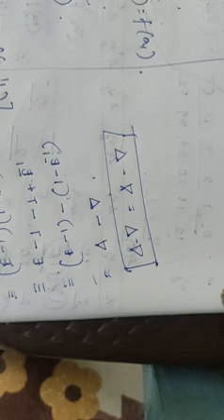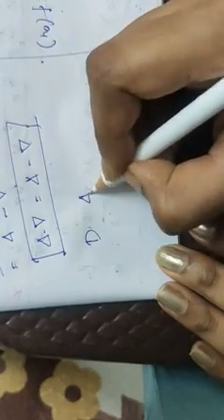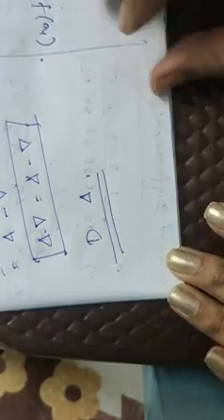Next, find out the relation between the difference operator and the delta operators, that is between D and capital delta.